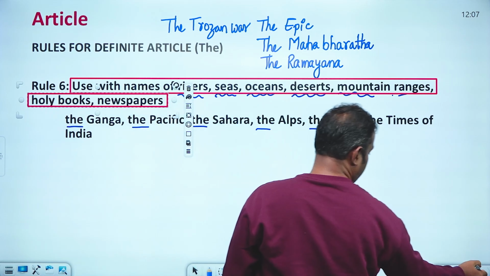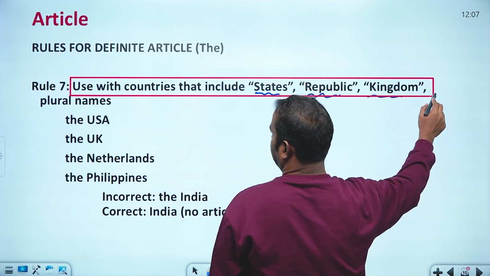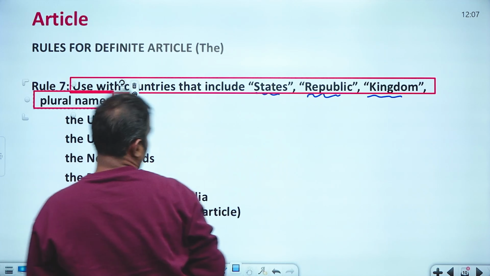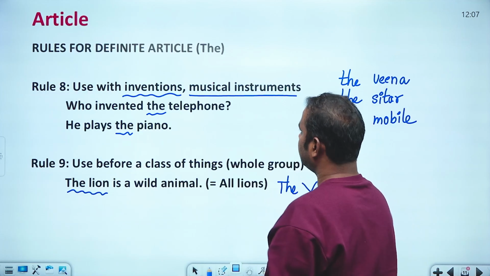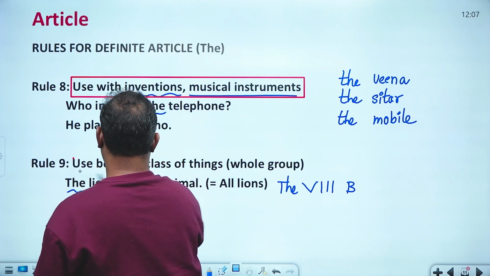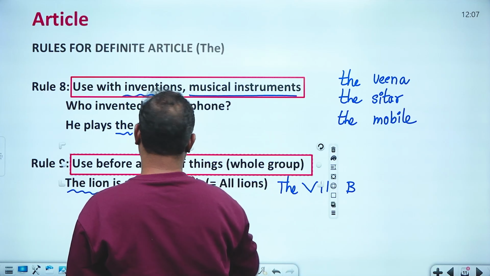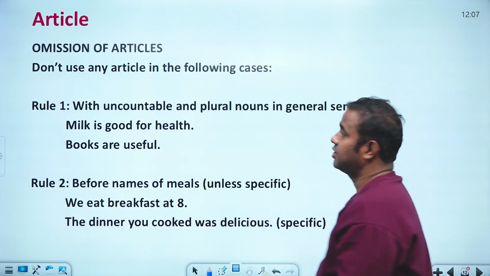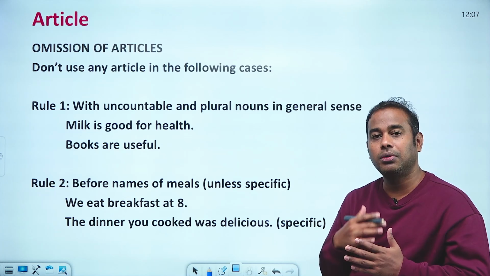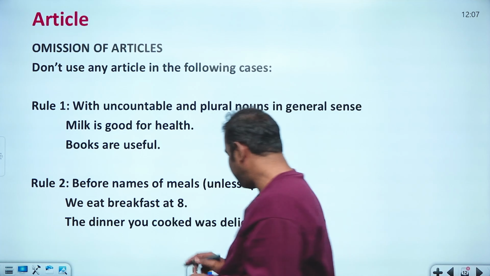So 6th rule, then 7th rule, okay, then 8th rule, and this is the 9th rule. So there are a minimum of 9 rules required for examination. Then the omission of articles, where we have to not use these articles. That is also an important point here. So where we should not use.